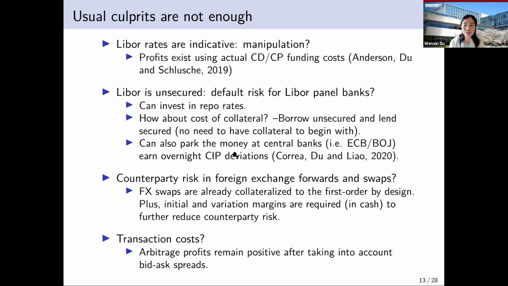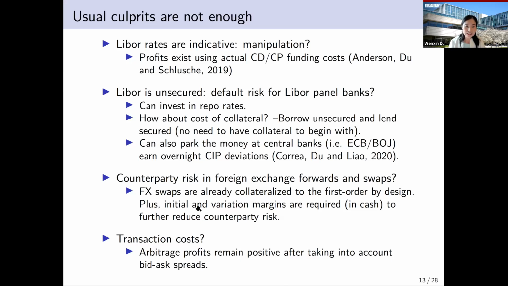And an even cleaner example is to see that banks can park money at various central banks, the ECB, the BOJ, and the Fed, and they earn different interest rates. So despite the fact that the ECB and the BOJ pay a negative interest rate on excess reserves, on a currency swap basis, those negative rates actually translate into a more attractive rate than the interest on reserves paid by the Federal Reserve, okay?